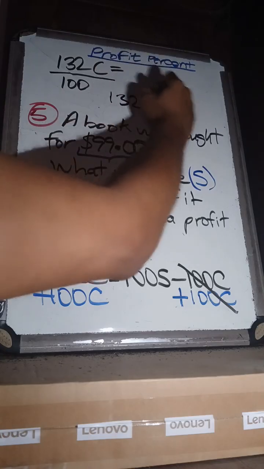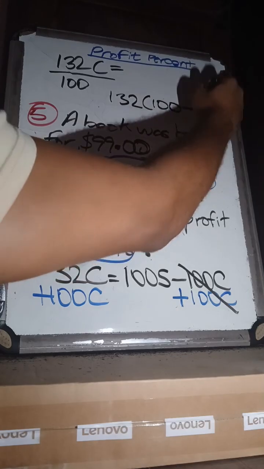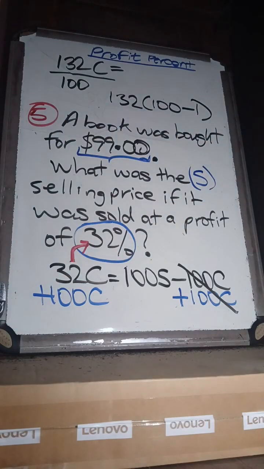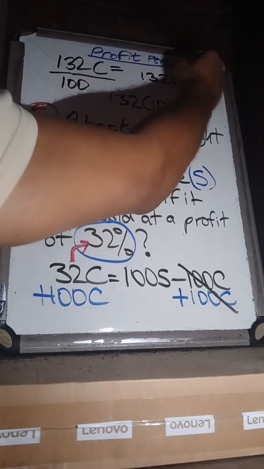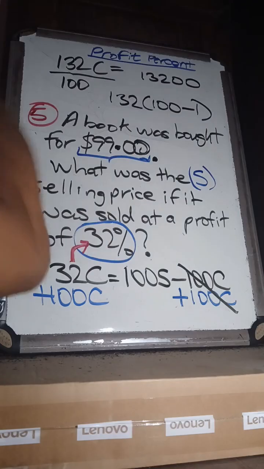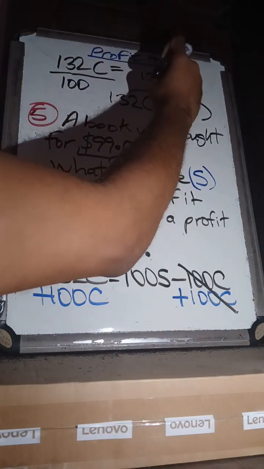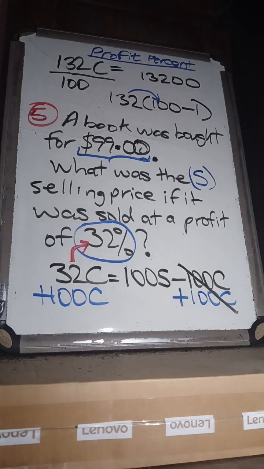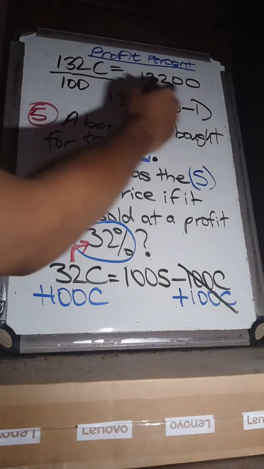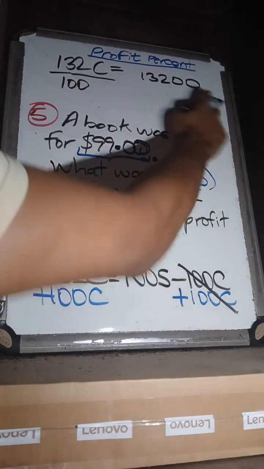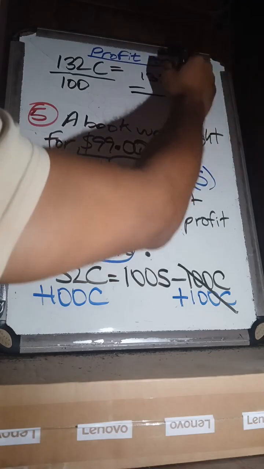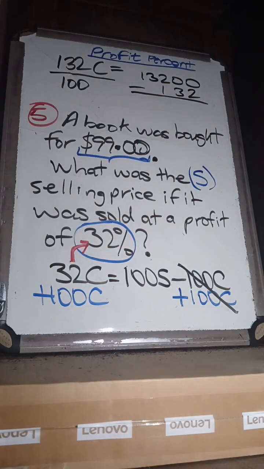132 times 99, let me just say 100 minus 1. Maybe that would be better. So let me write this. That's what happened when you multiplied 132 by the 100 right there. And then you multiply it by the 1, subtract it from that. So therefore we're going to subtract 132 from that.